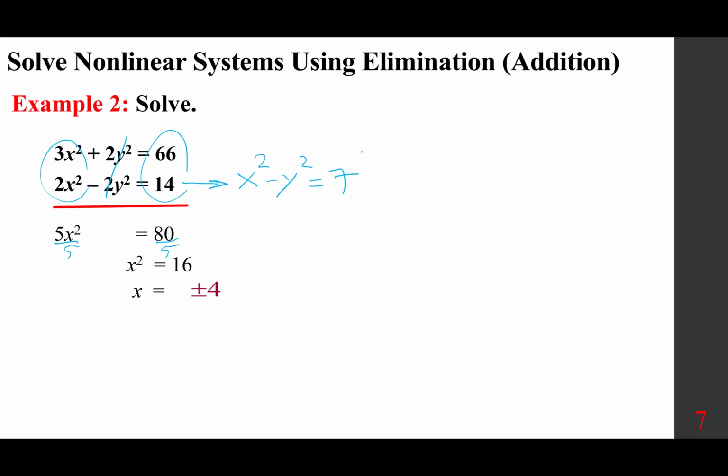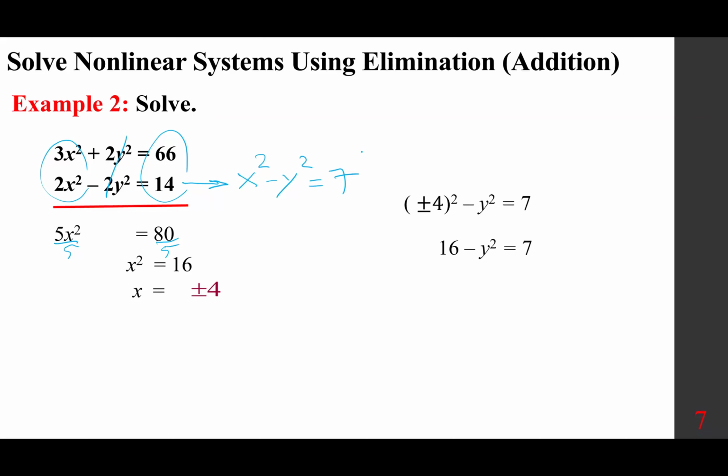When we put it in, we get plus minus 4 quantity squared, which is 16, minus y squared equals 7.